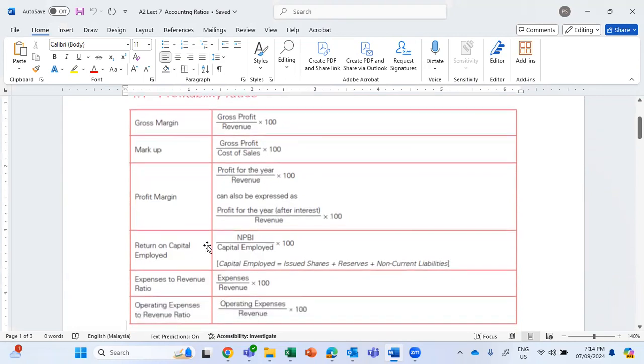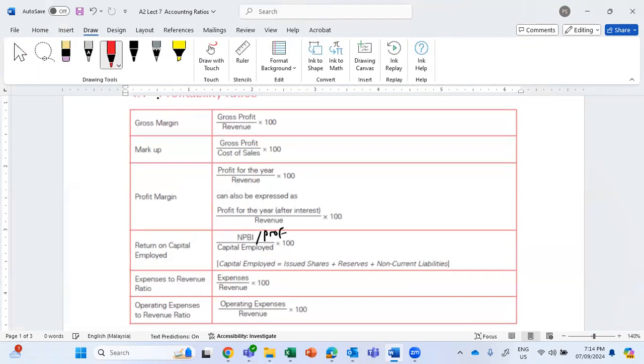Okay. And then you learned in AS return on capital employed. So NPBI, net profit before interest, or what we call profit from operations. Profit from operation means profit before deducting the finance cost.